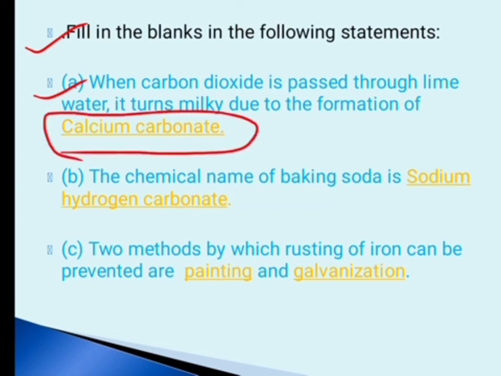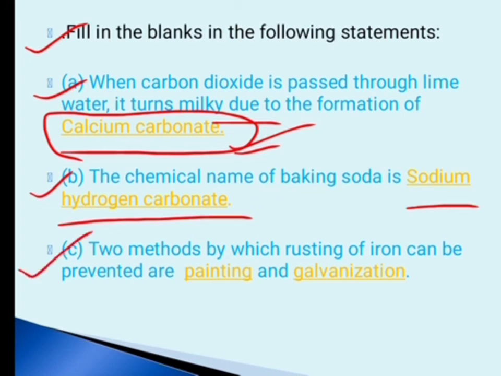The correct answer is calcium carbonate, because when CO2 passes through lime water, it converts into calcium carbonate, which produces a milky white color. Next fill up is the chemical name of baking soda. The chemical name of baking soda is sodium hydrogen carbonate.